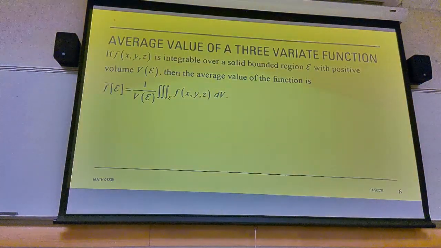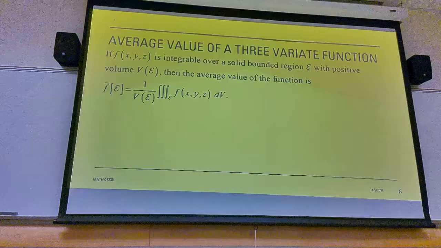Average value, same kind of idea as with double integrals. The average value of the function over a solid E is just 1 divided by the volume of the solid times the triple integral over the solid of f dV.